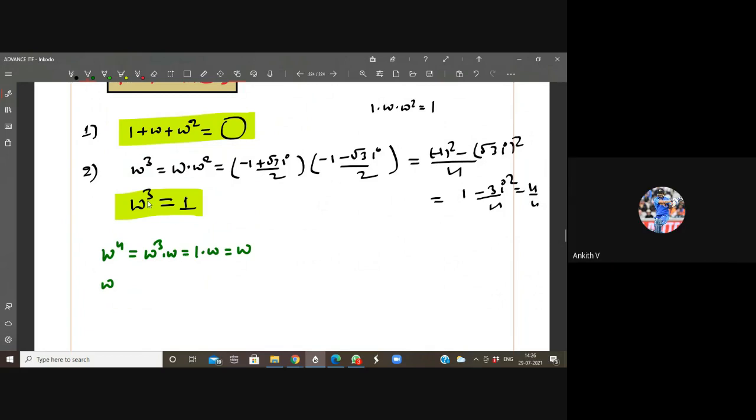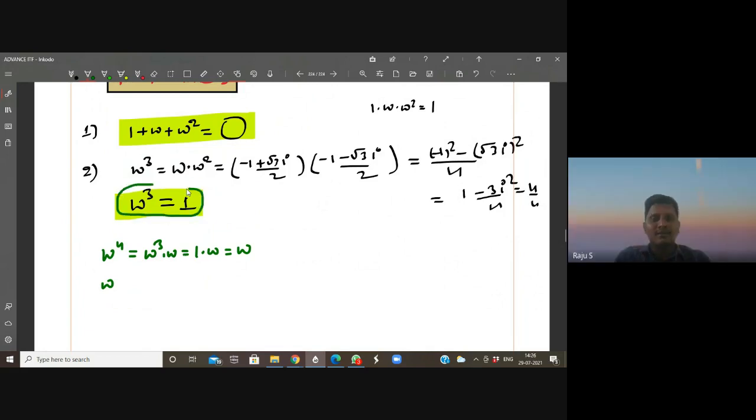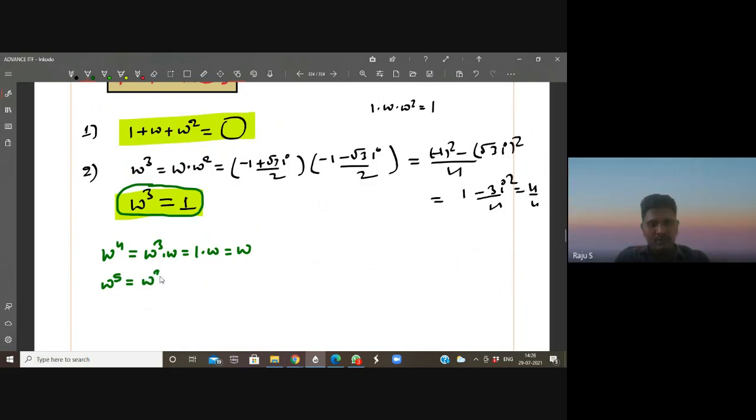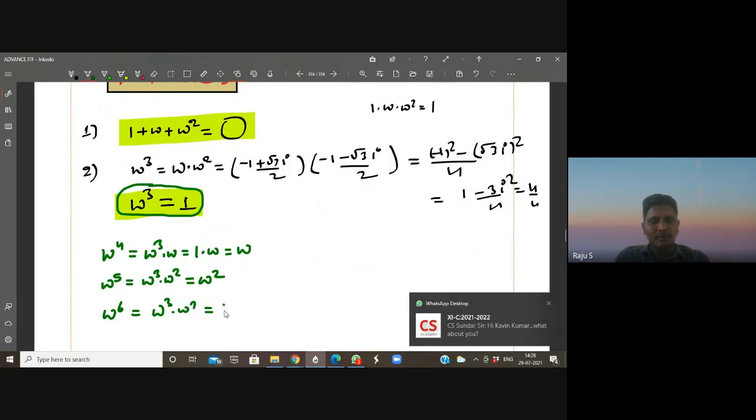Omega cube into omega, so it is omega. It's repeating after 3. So omega power 4 is omega, and omega power 5 becomes omega square, since omega power 3 into omega power 2 is nothing but omega square. Again, omega power 6 becomes 1. Am I right?